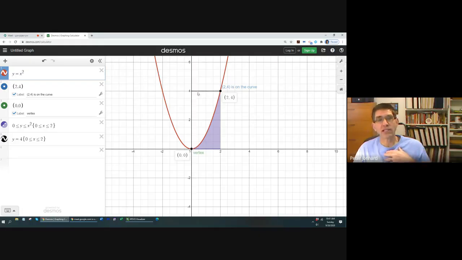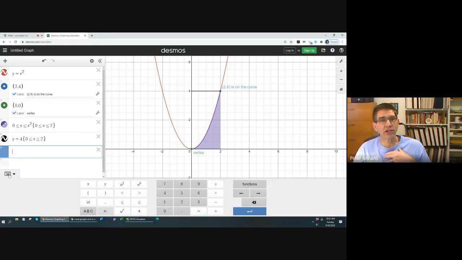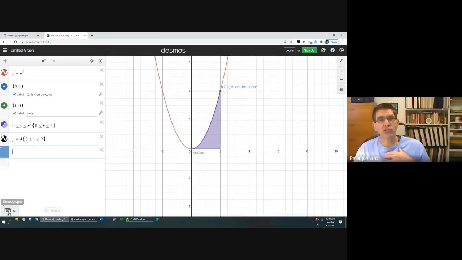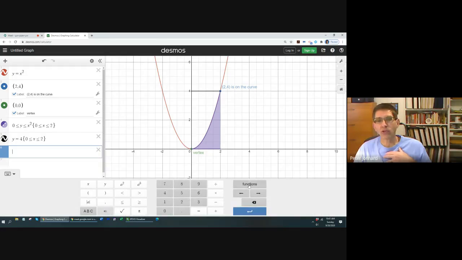And so, you guys, let's check this out. There's a function on here. Usually this is down. You'll see this keyboard, the keypad thing. Click on that, and you'll notice there are functions in here, and they have trig and stats and distributions and miscellaneous. And here we have this one, an integral.